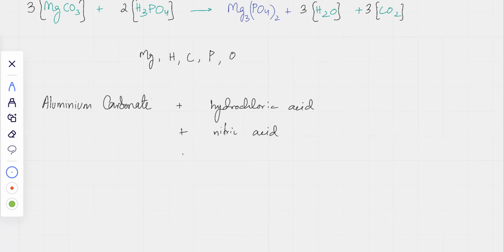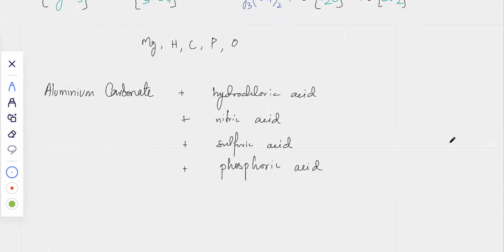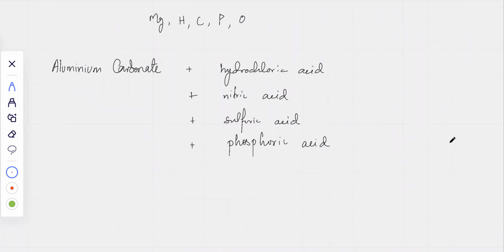Then nitric acid, sulfuric acid. You can try and start sending me.